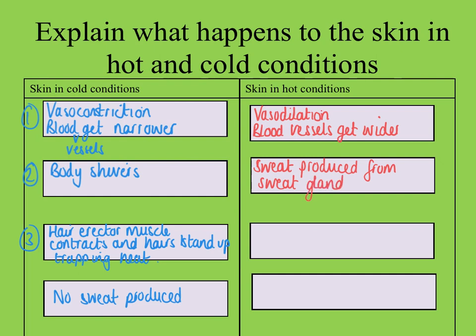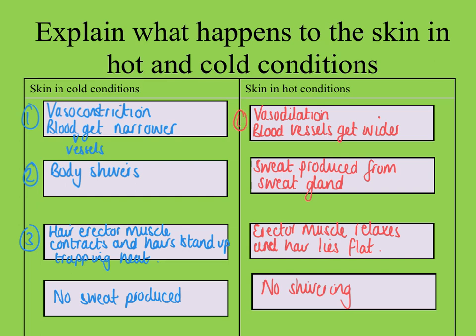And then the erector muscle relaxes and hair lies flat. And then obviously no shivering, but again you are going to use the first three if they ask for one or two examples.